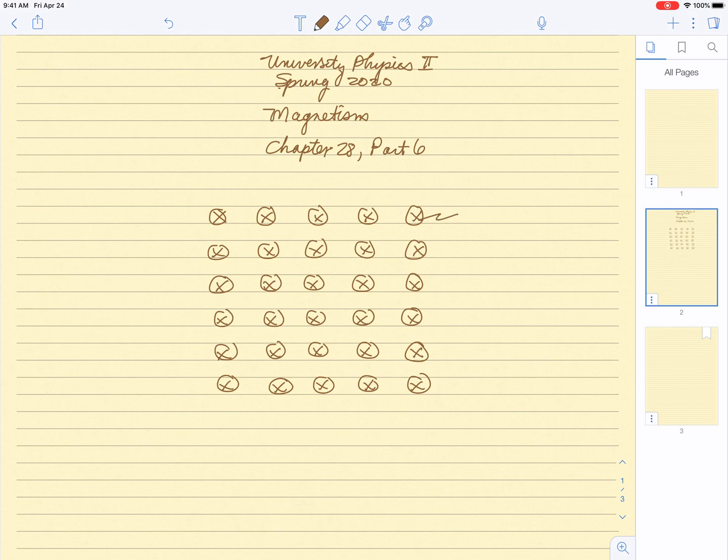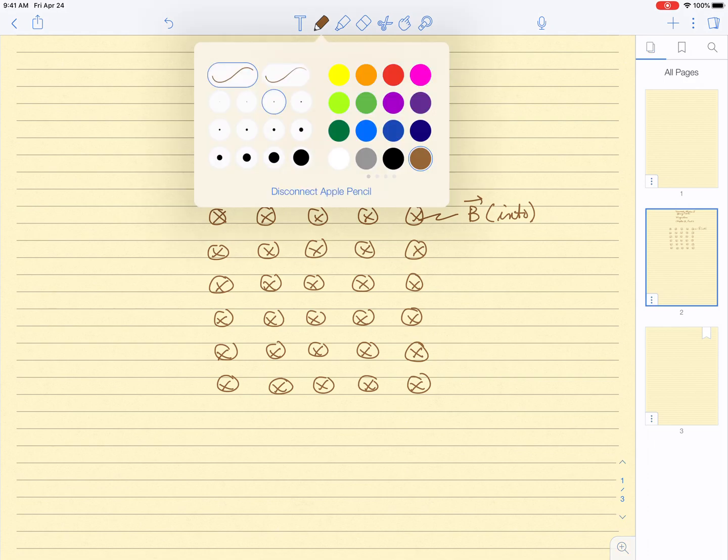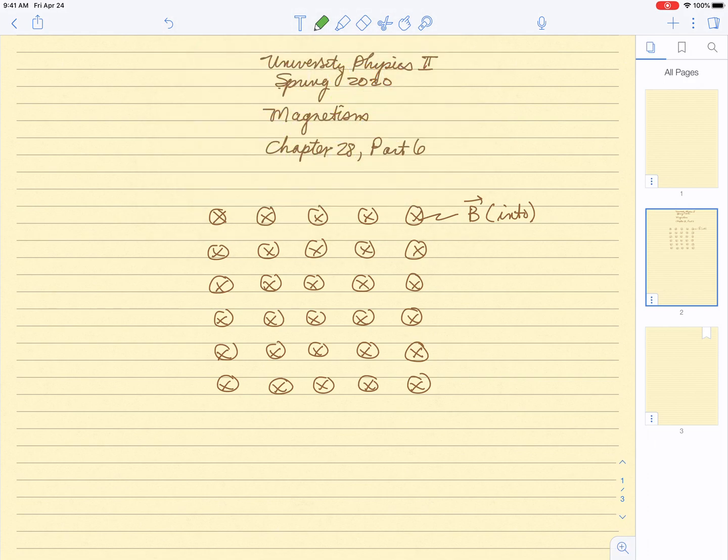So here's a magnetic field into the plane of the paper. We're going to take a charged particle of charge Q, mass M. We're going to shoot it into the magnetic field.